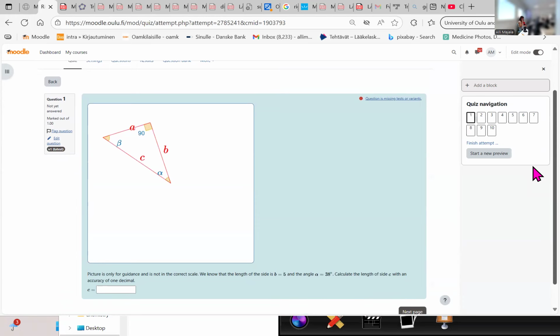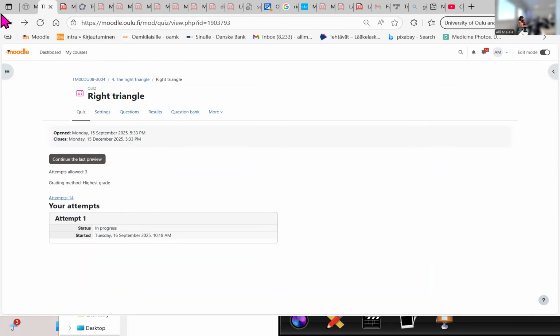If we know the length of the side and angle, and we want to calculate the length of one side. And it tells you what kind of accuracy you need to use. So then you also have to round. Yes? This is this kind of very simple calculations in the quiz. So just to basically know the concept.